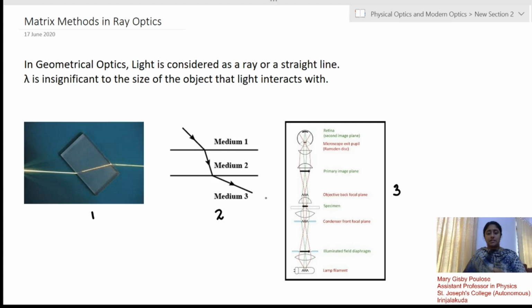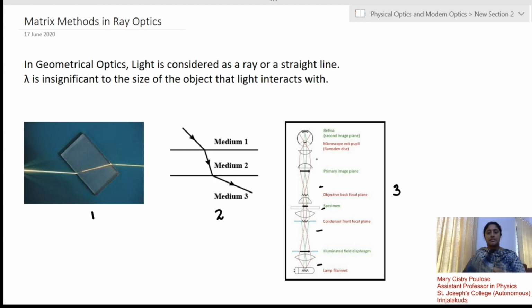Starting from the lamp filament, if this is my object plane, then from the lens I need to find the image plane using lens convention. Then again, using this as the object plane, I need to find the image plane of the next lens.